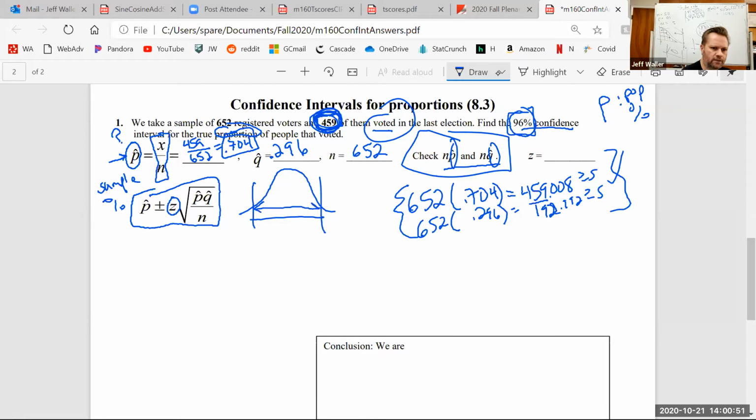You have to go back to the old way of doing this. You can't use the little baby chart. Too bad. So let me see. Do I have? No. Let me see. So what am I going to look up in the z-score chart?